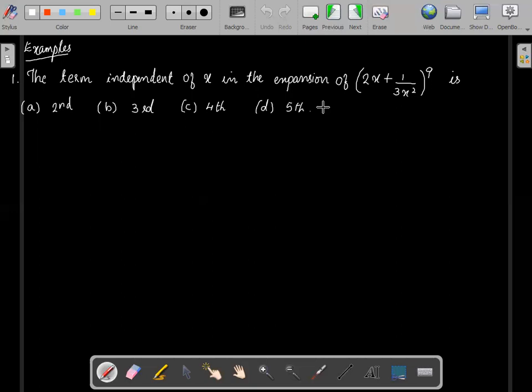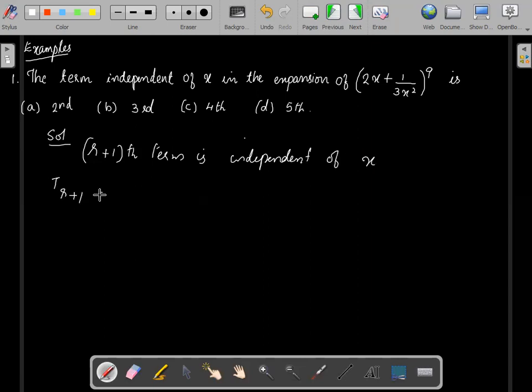Now, നമുക്ക് സൊല്യൂഷൻ ചെയ്യാൻ വേണ്ടിയിട്ട് ഫസ്റ്റ് നമ്മൾ അസ്യൂം ചെയ്യുക (r plus 1)th term is independent of x. That is, (r plus 1)th term means T(r plus 1), here the value of n is 9.